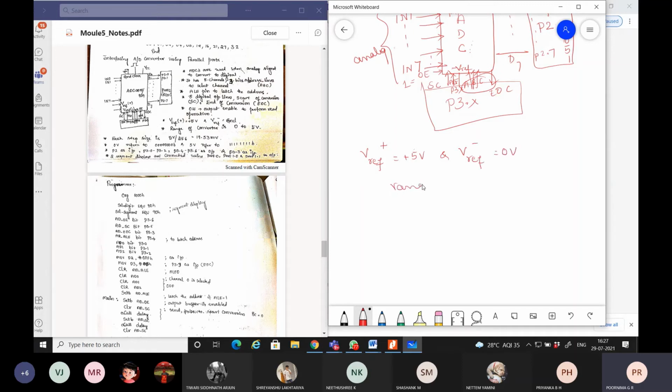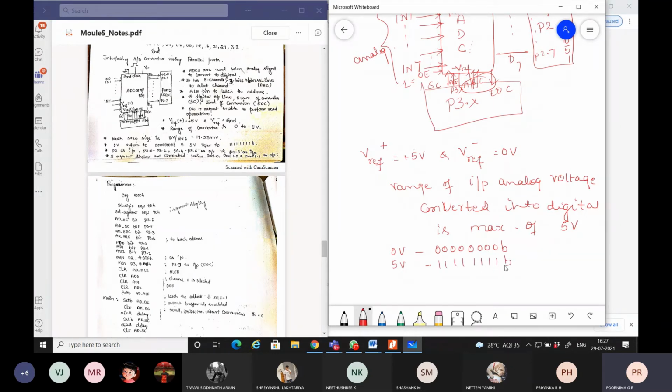Then the range of input analog voltage which gets converted into digital is a maximum of 5 volts. So 0 volts refers to all the 8 bits as 0 0 0 0 0 0 0 0 in binary, and 5 volts will be 1 1 1 1 1 1 1 1 in binary.